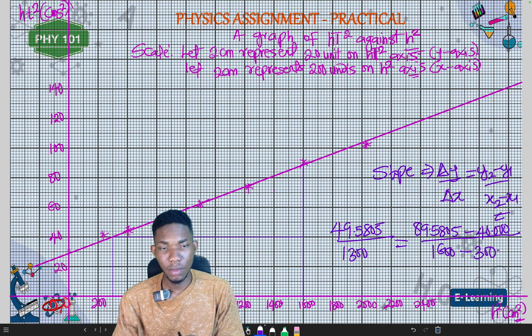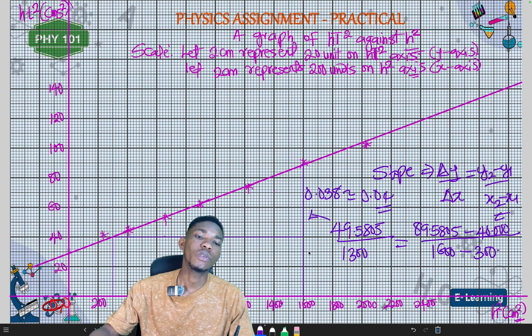So you divide 49.5805 by 1,300 exactly. This is the answer, which will give us 0.038, approximately 0.04. This is what you are expected to get as your slope.